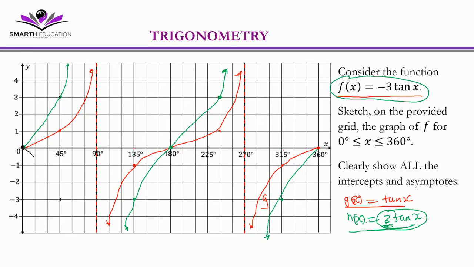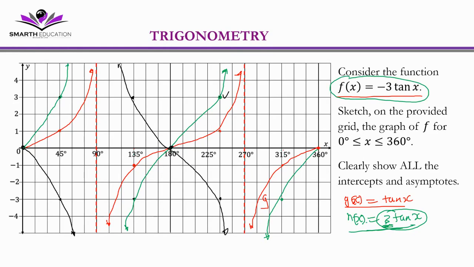So it becomes like this. And then we're looking at the green graph. That's one which is being reflected. And then negative 3 here is reflected about the x-axis, becomes positive 3. And then 0 does not change. Then this one is reflected about the x-axis, becomes negative 3. That's a reflection about the x-axis.